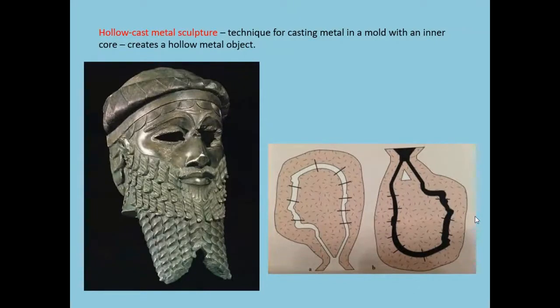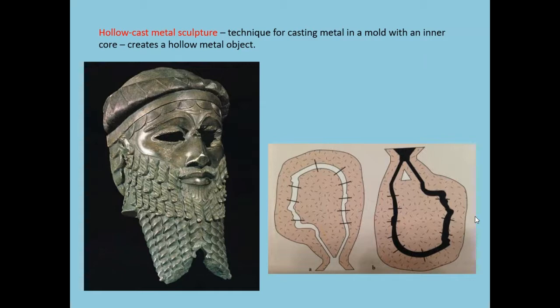The diagram to the right there gives you some sense of a cross-section of what the molds would have to look like. Usually the original is made in wax. In this case, wax around probably a plaster or sand core.